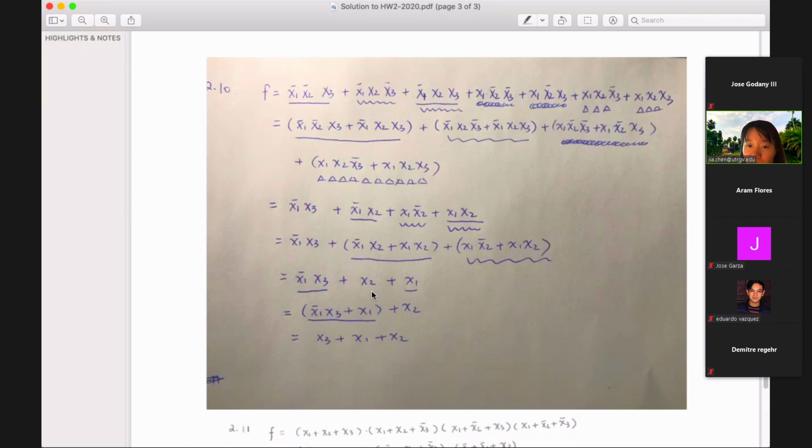So you combine this one with this one, x2. Then you can combine this one, x1, x2 naught with the last one as well, because they share x1, right? So this gives you x1, okay? So that's why for the 3 terms, second one, third one, and fourth one, by using the combining property twice, you end up with x2 plus x1.